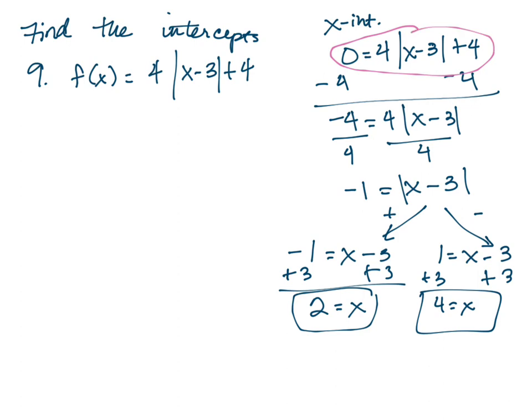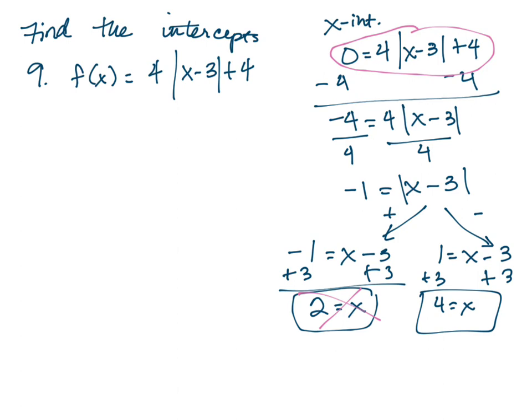So 0 equals 4 times the absolute value of 2 minus 3, which is negative 1, and the absolute value is 1. 4 times 1 is 4. 4 plus 4 is 0? That one doesn't work. 4 plus 4 is 8.